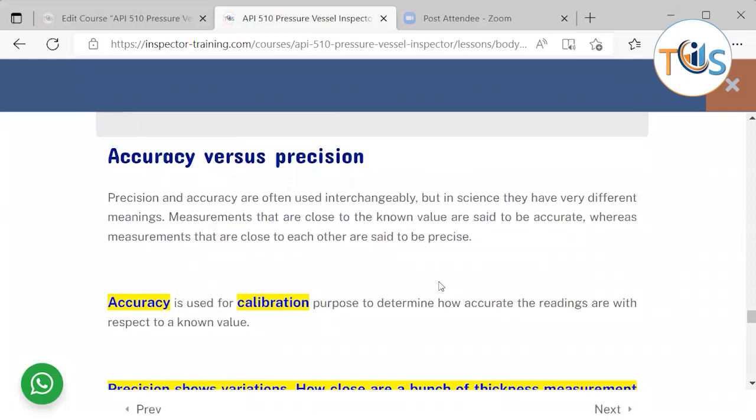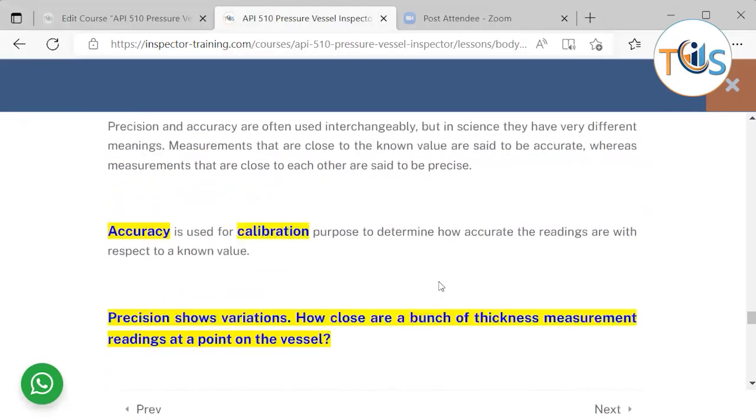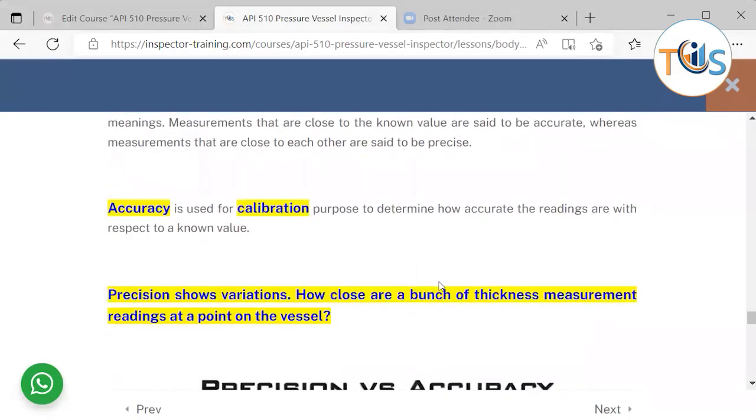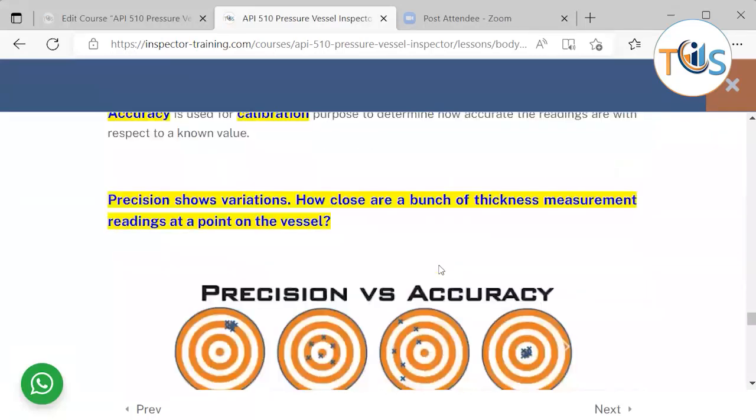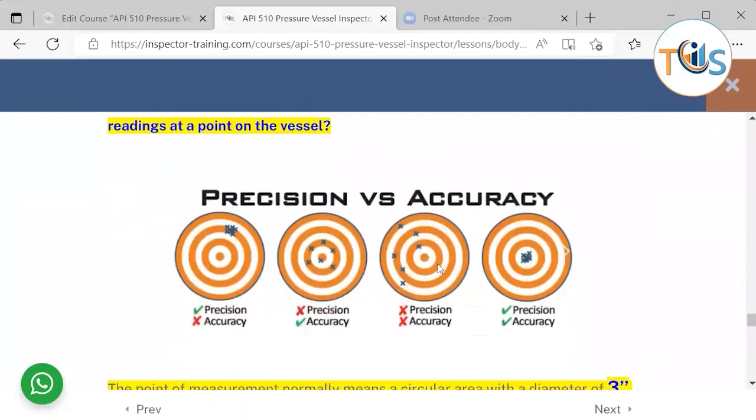Now let's look at some terms: accuracy versus precision. Accuracy is normally used for calibration. How accurate are your measurements? And precision means variation: how close are a bunch of thickness measurements to each other? As you can see on the first figure, you've got a lot of precision. You don't have much variance here, but it's not accurate.